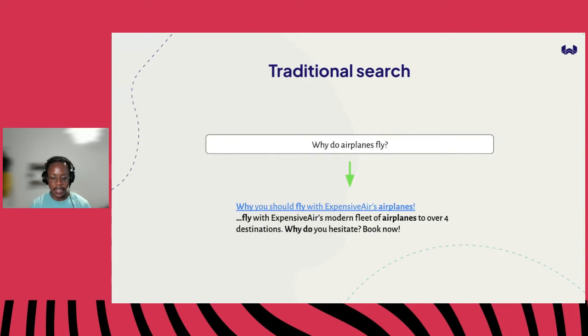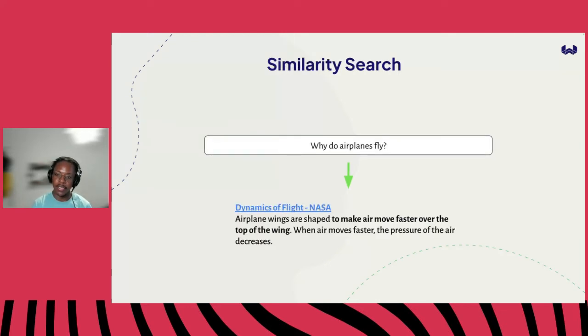To flip the coin here, similarity search grabs the context of your search terms and your queries and gives you answers relevant to the search term. So it has this understanding of that query, and then gives you the most relevant responses.